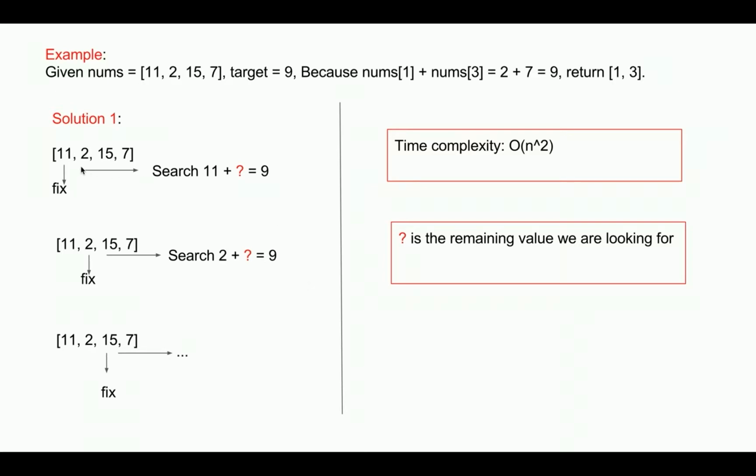So for example, for 11, the value we are looking for would be 9 minus 11, which is minus 2. And for 2, the value we are looking for is 9 minus 2, which is 7. So if we can find any of the remaining values here, we find the solution.